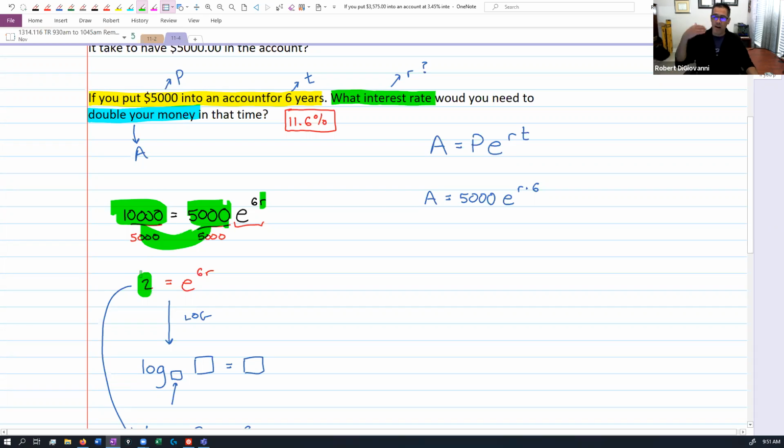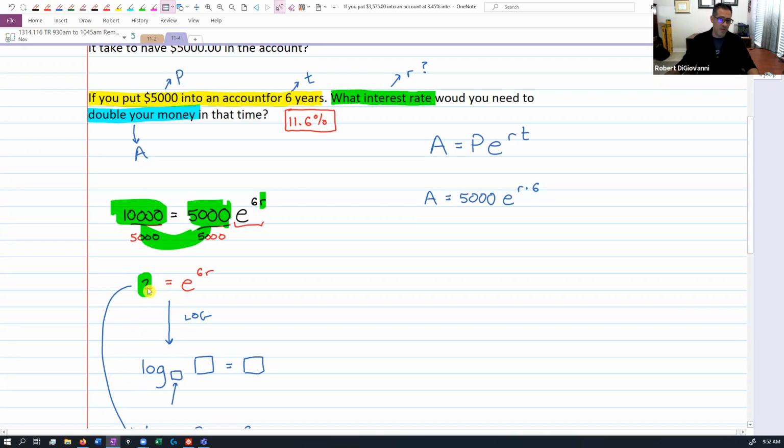No matter what, if I had 50,000 and I want to double it to become 100,000, I'd always divide by the 50,000 and get 2. Even if I started with $1 million, if I wanted to double to make it 2 million, that first step would still be to divide through. So if you're trying to double your money, this will always be a 2. Does that make sense to everyone?